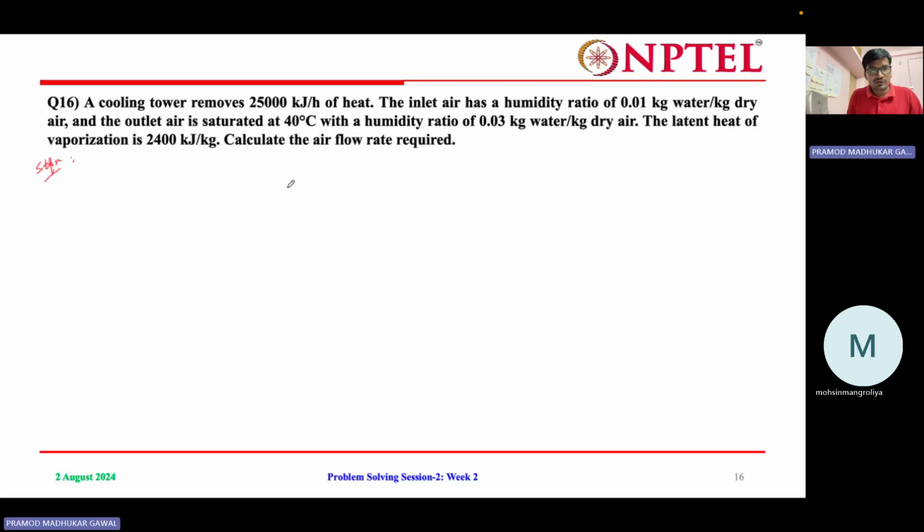The formula to calculate Q equals M air into latent heat divided by saturation humidity minus absolute humidity, right? So here the latent heat Q is given as 2500, and the difference between saturation humidity and absolute humidity is given. So put the values here.